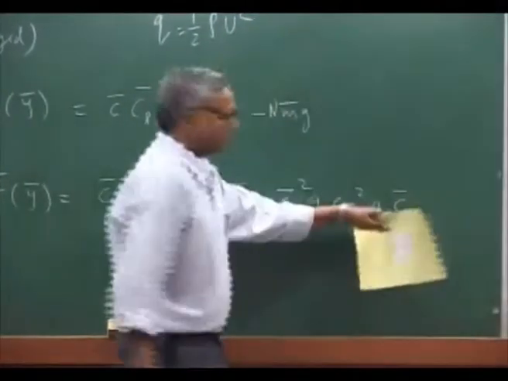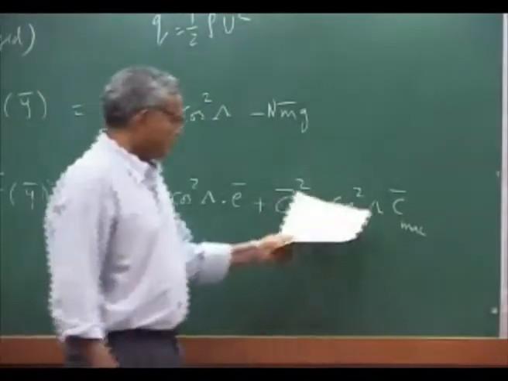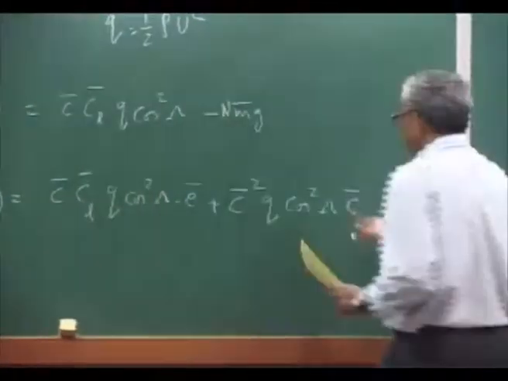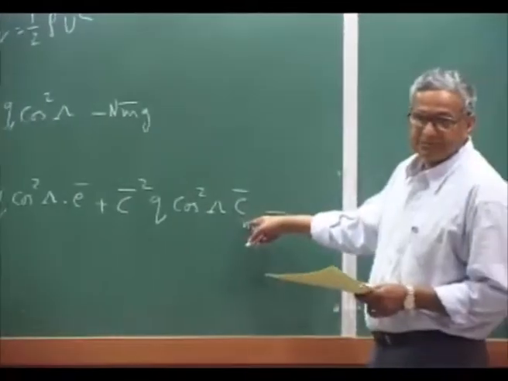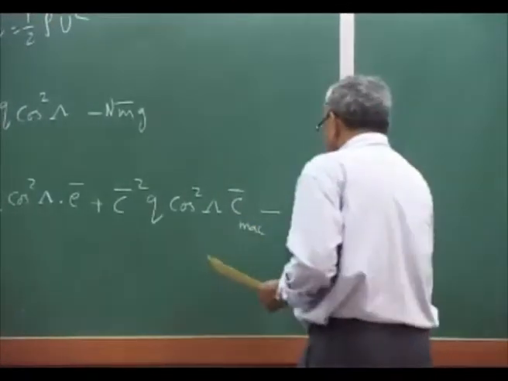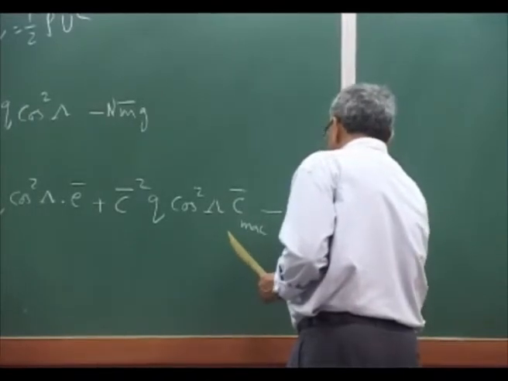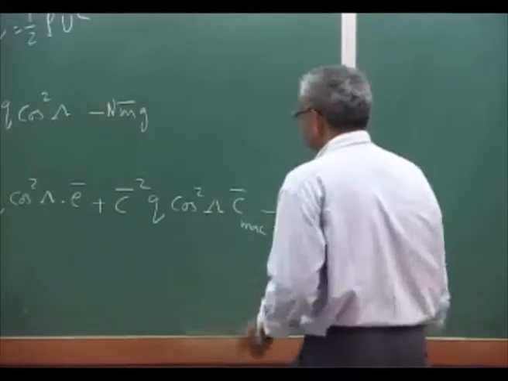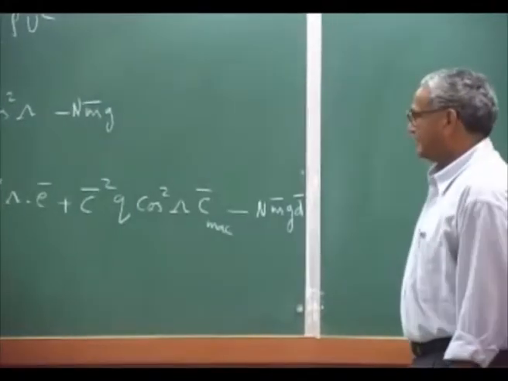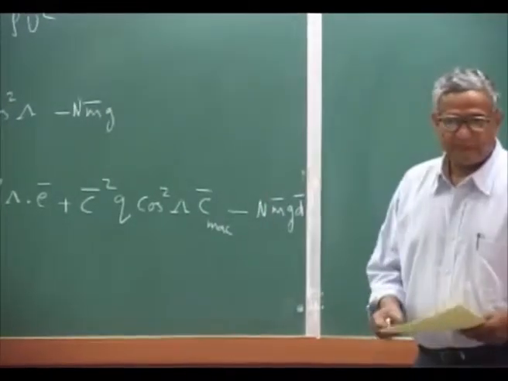This is the aerodynamic moment coefficient. Then minus n m bar g d bar. Okay. So this is my twisting moment.